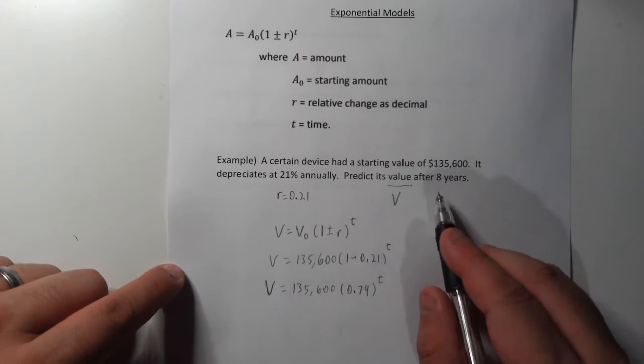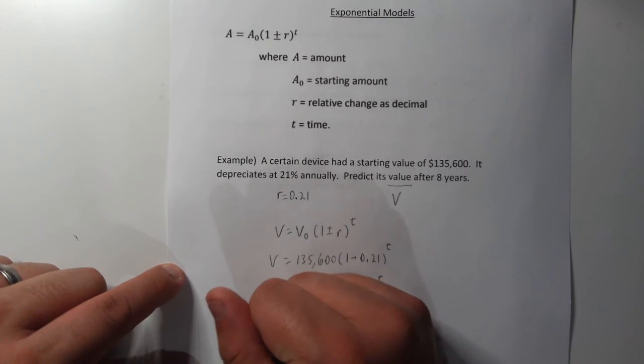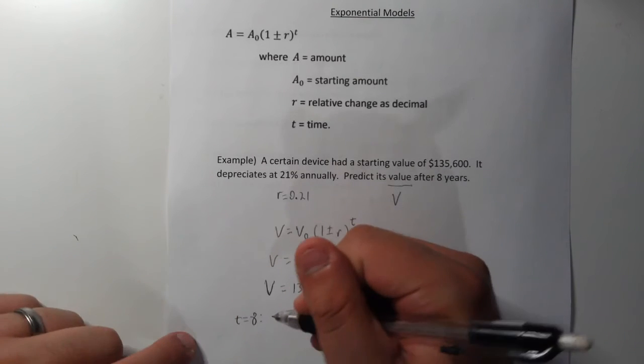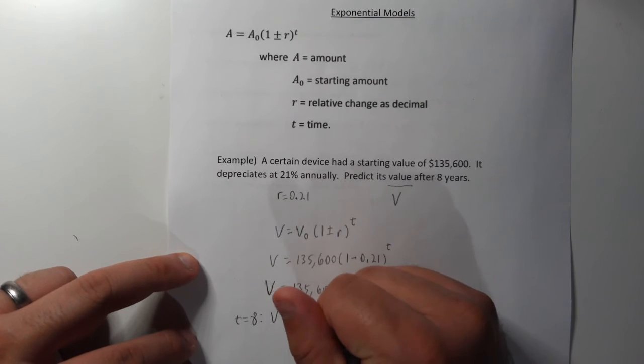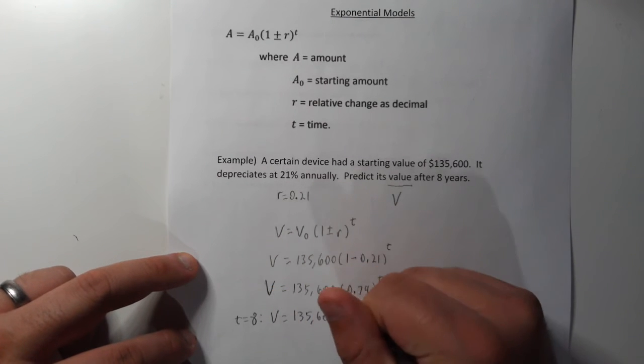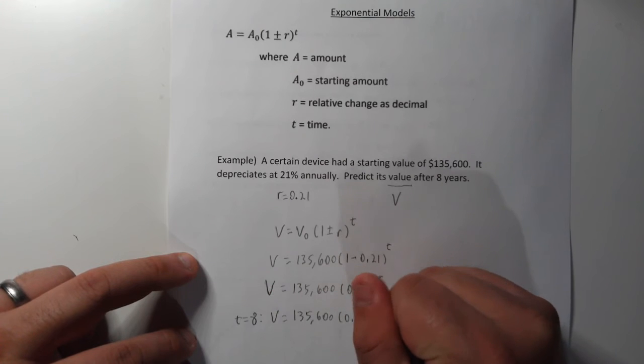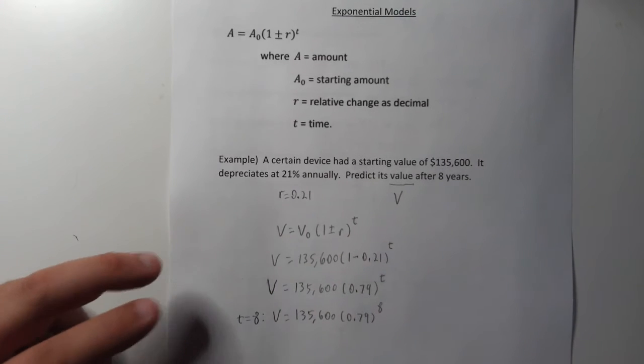Okay, it says after 8 years. So if t equals 8, V equals $135,600 times 0.79 to the 8th power.